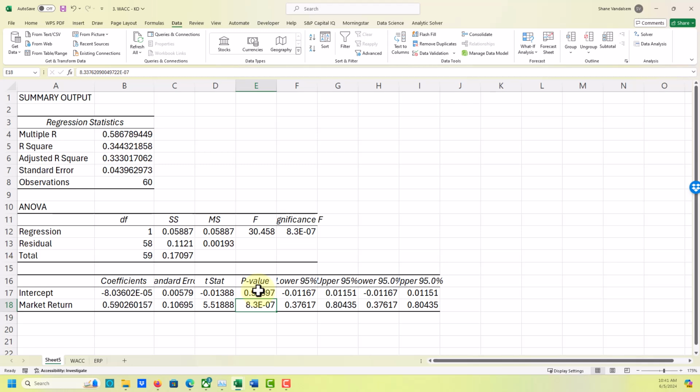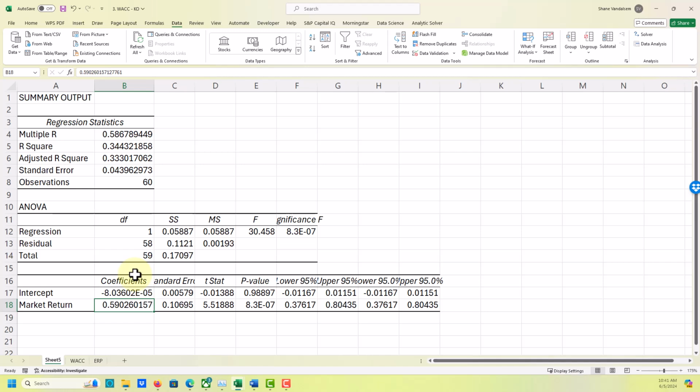What that means is, if that p-value were equal to 0.05, it would mean that there is a 5% probability that the coefficient here is equal to 0 and is just due to random volatility or random error for the investment.